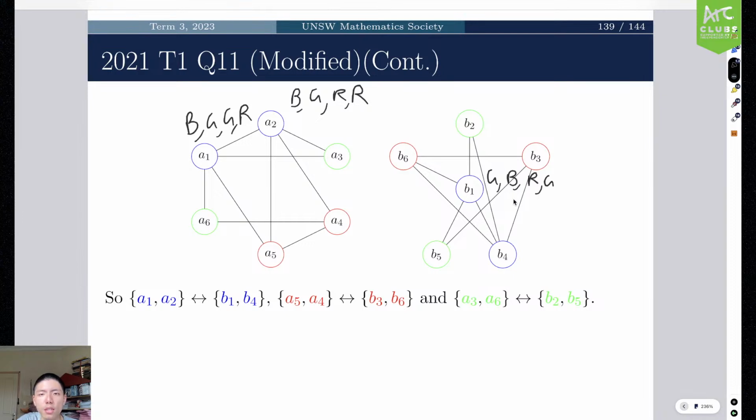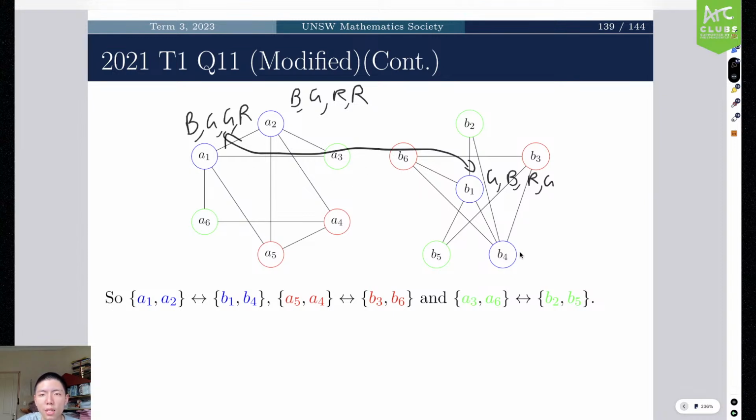So this is actually the same as A1, because these two both have two greens connected to them. So one red, one blue, and two greens would make B1 and A1 the same.